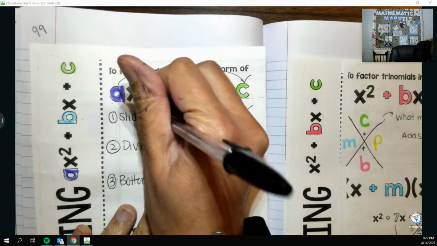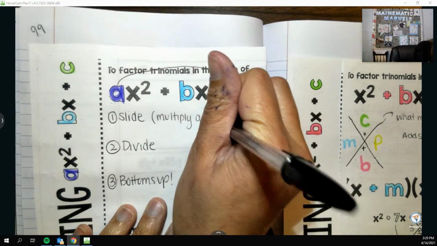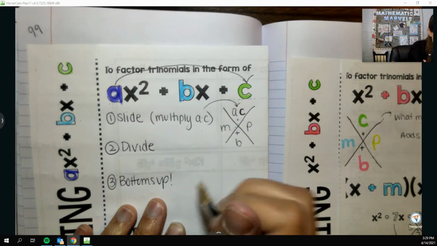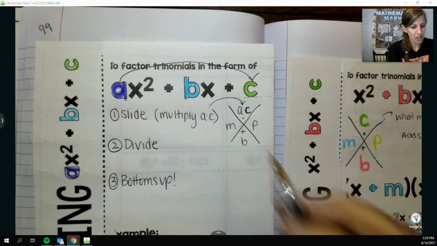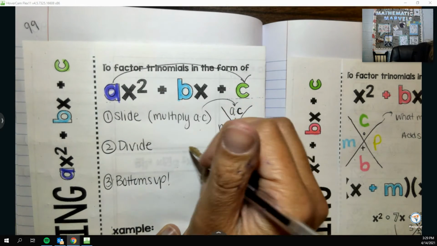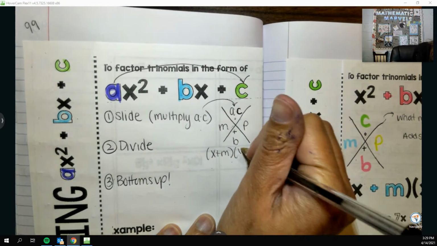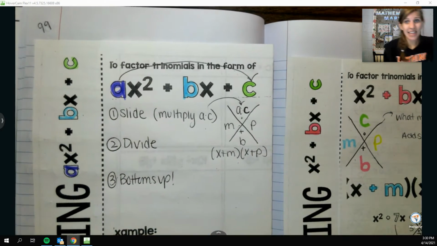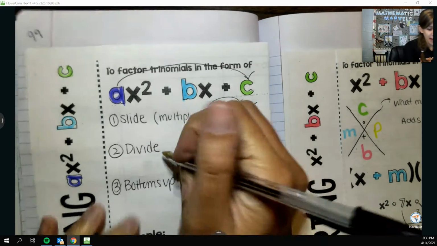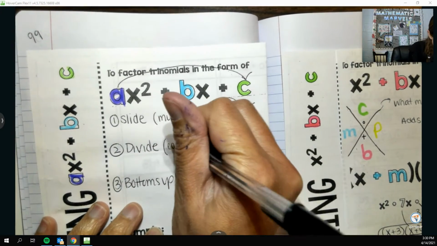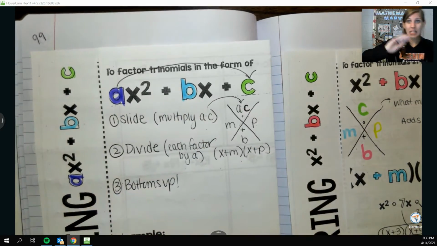So I slide over by multiplying a and c. That goes to the top. And then I follow the same process as before. Whatever I get, I put in my parentheses. So I would have x plus m, x plus p, but then that thing that I slid over, I have to undo that. So then I divide each factor by a, the number that I slid over.